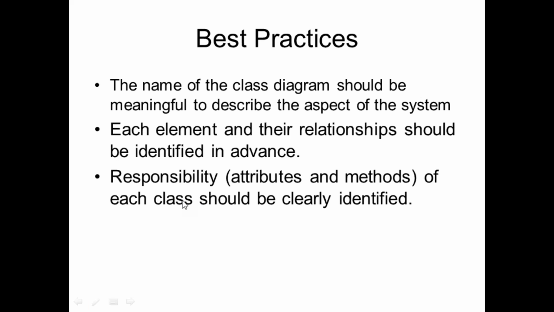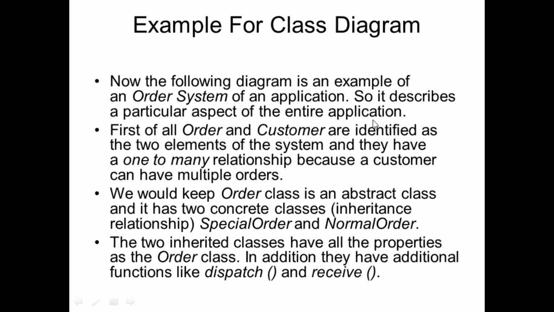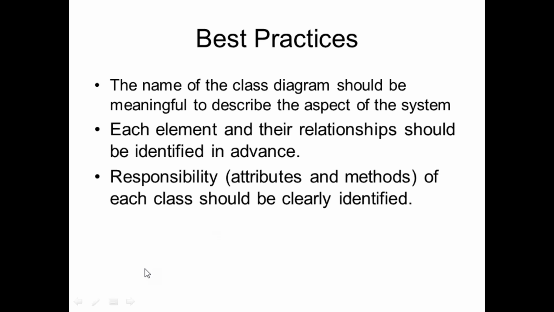When we talk about best practices for drawing the class diagram, the name of the class diagram should be meaningful to describe an aspect of the system, like customer orders or sales. Each element and their relationship should be identified in advance, whether it is one-to-one, one-to-many, or many-to-one.